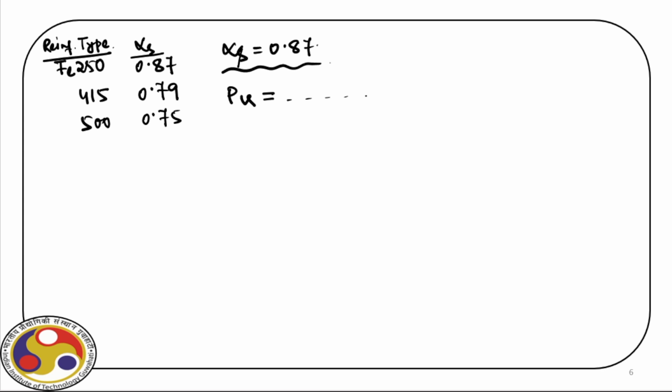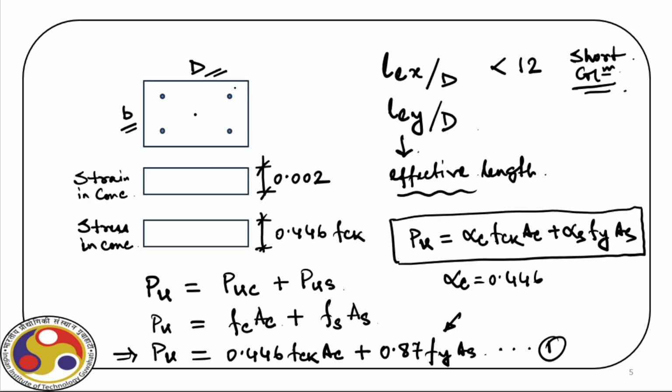Now for short column, if you have, this is the cross section, as you can see, we have applied the load which is exactly at the center. So here we have the loading. Now in reality, it is difficult to apply that load exactly at the center. Sometimes we have a minimum value of eccentricity.